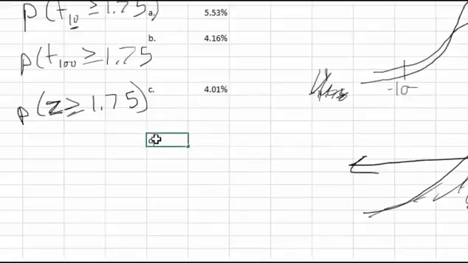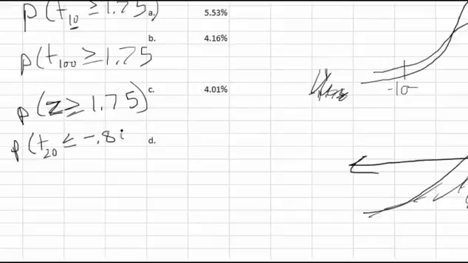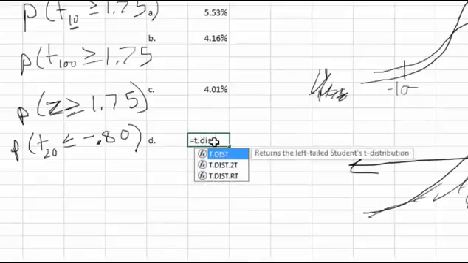All right, a couple more here. Let's see what else we got. D says, let me draw this. D is the probability of a t with 20 degrees of freedom being less than or equal to minus 0.80. This will be a breeze. They're just wanting us to get used to the idea of using the t-distribution left tail, and that we don't need to add anything.